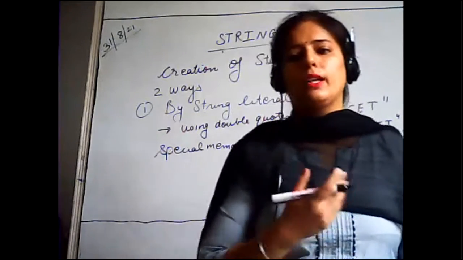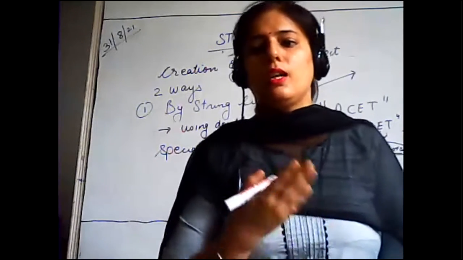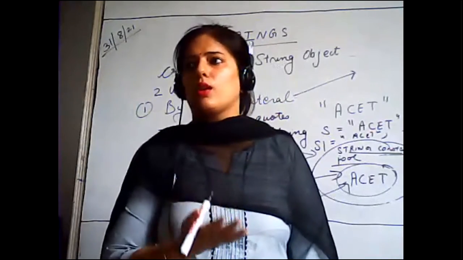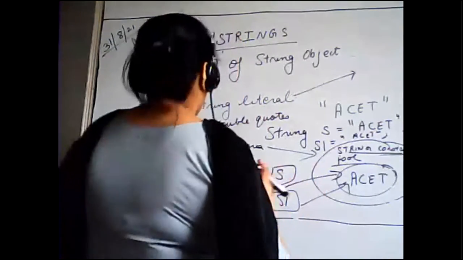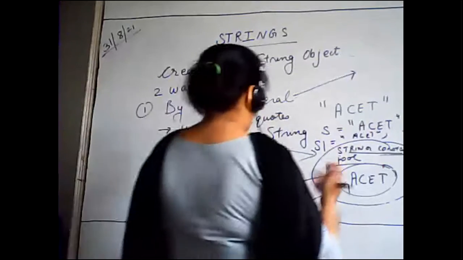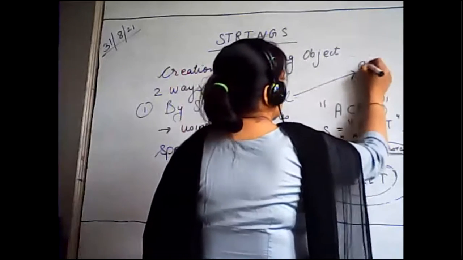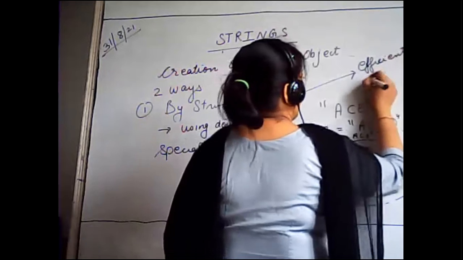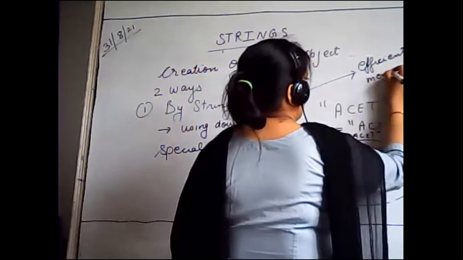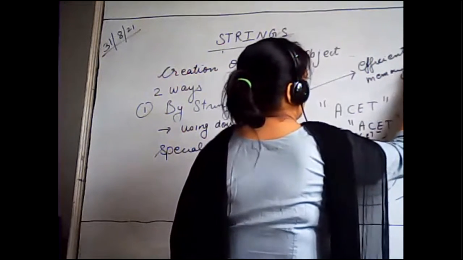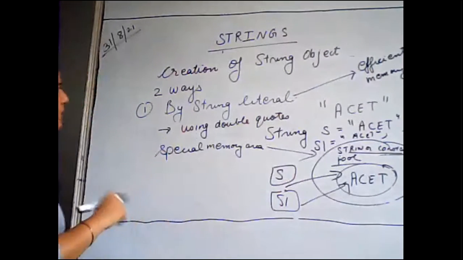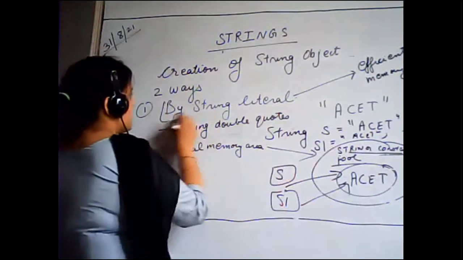By using only the reference variable, we can refer to the same string that is already available in the string constant pool. So it provides efficient memory usage. This was about the string literals part.